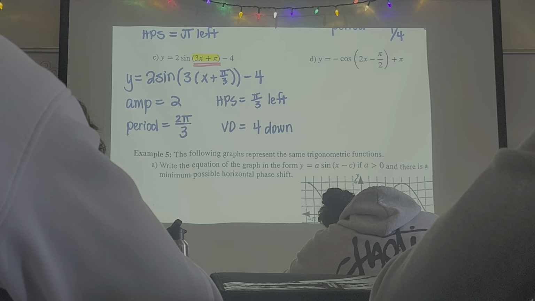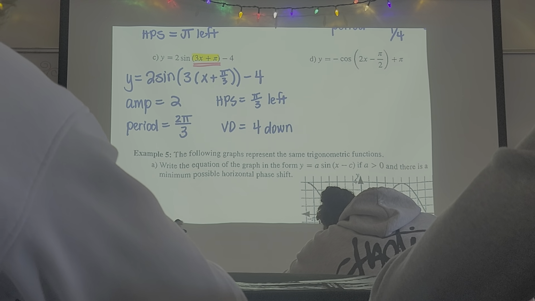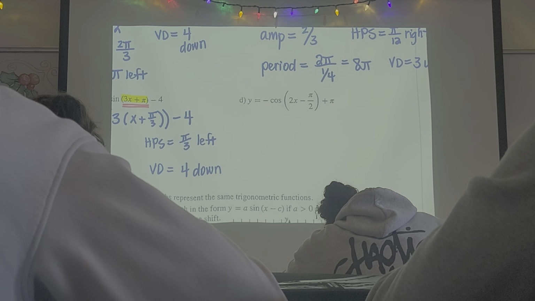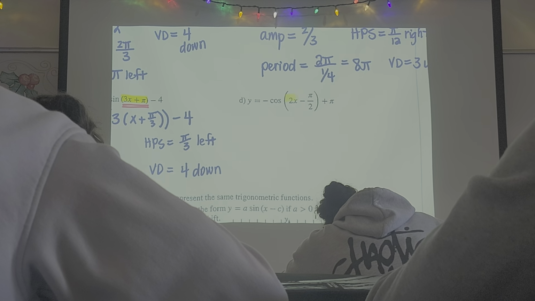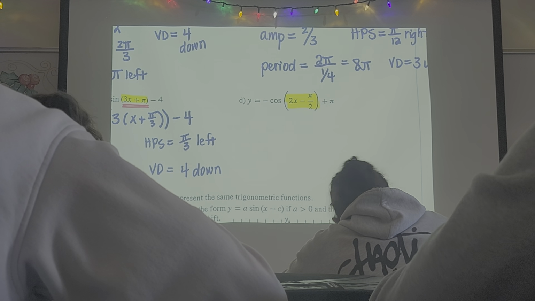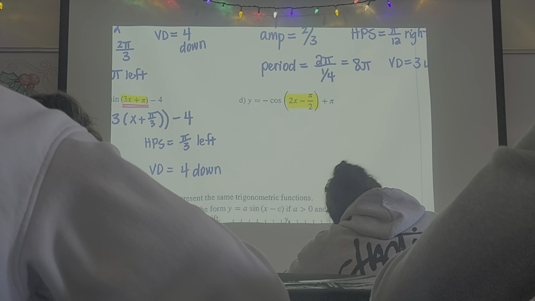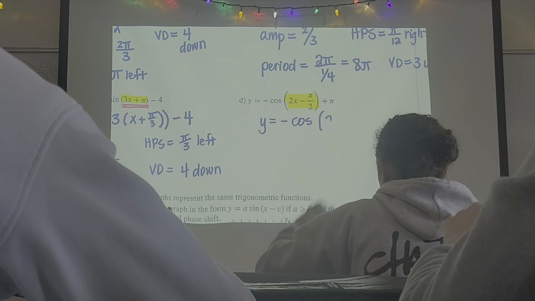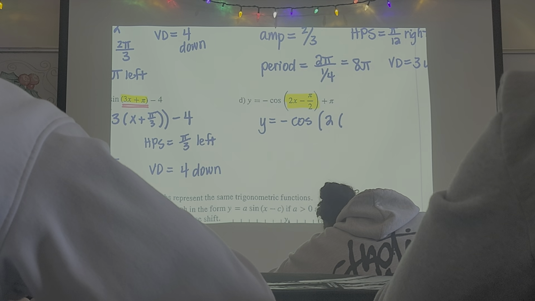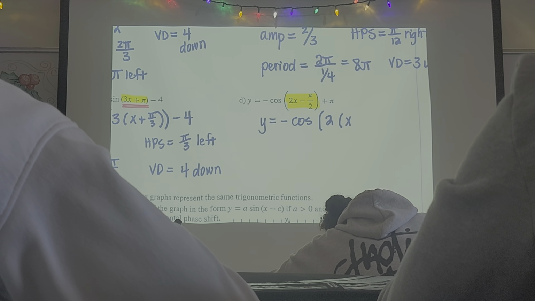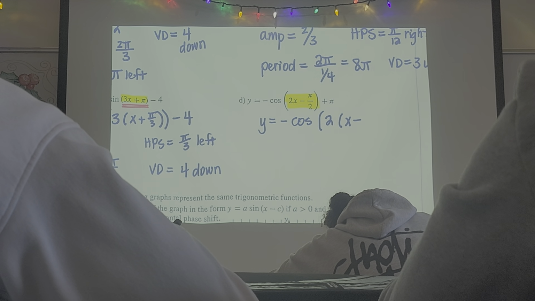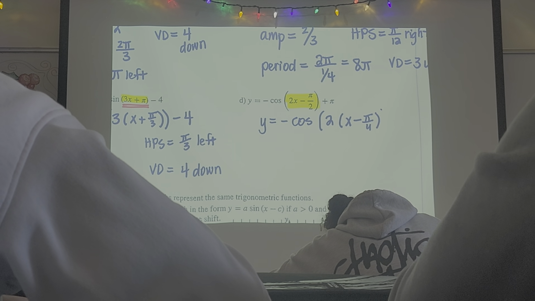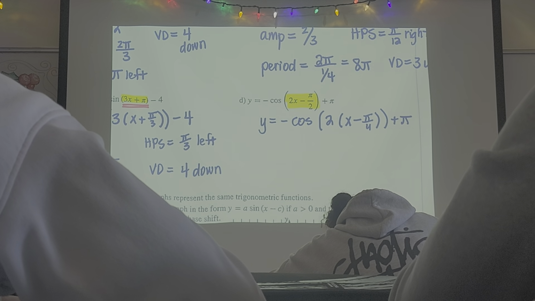One more. Again, our b value is not factored out, so once again we have to factor it out. It's really y equals negative cosine, factor out the 2, x minus pi over 4, and plus pi on the end.